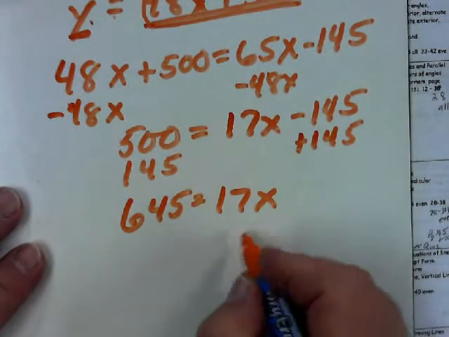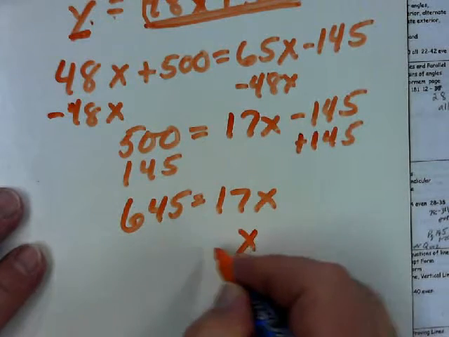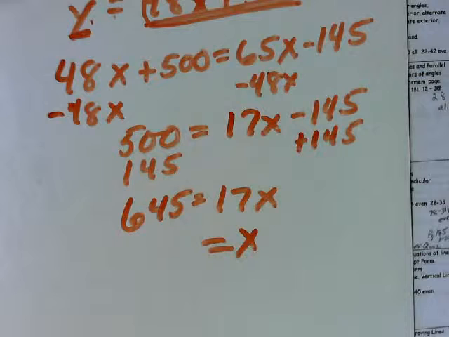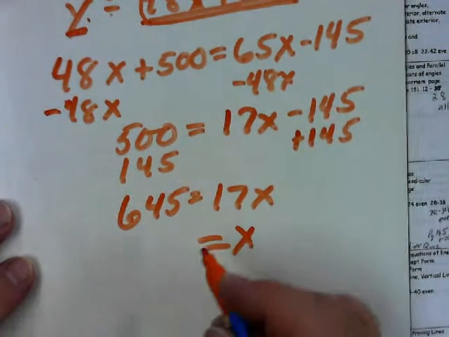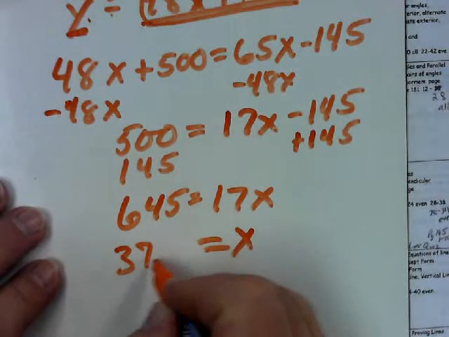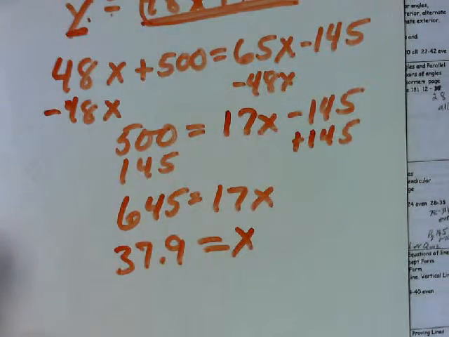And somebody said divide by 17. So what's 645 divided by 17? 37.941176. So rounded would be about 37.9.